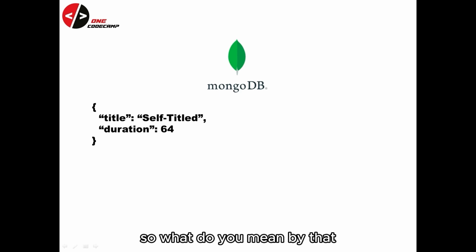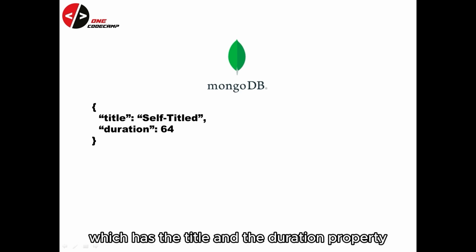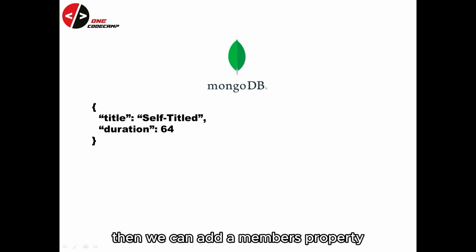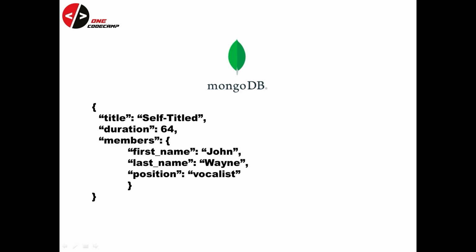So what do you mean by that? For example, we have a document here in the albums collection, which has the title and the duration property. Then we can add a members property, which also has a document in itself, containing the first name, the last name property, and the position property.